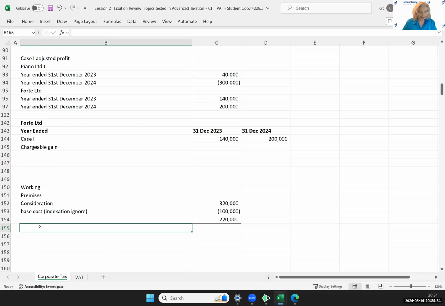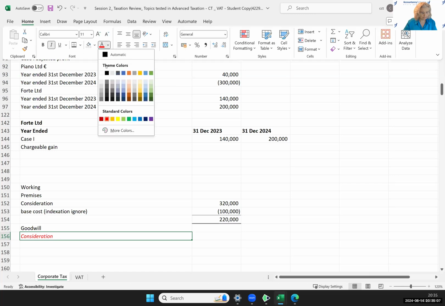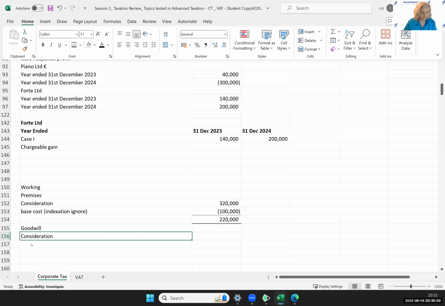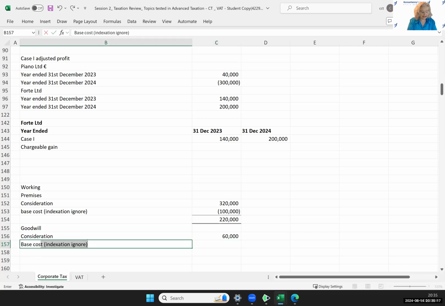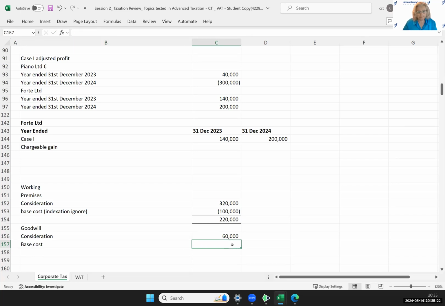As far as goodwill is concerned, goodwill consideration is 60,000. Base cost, anybody tell me what's the base cost of goodwill? Zero. Very good. So goodwill is internally generated.